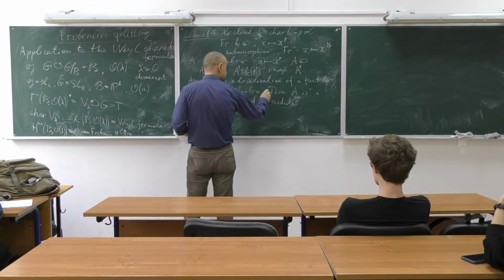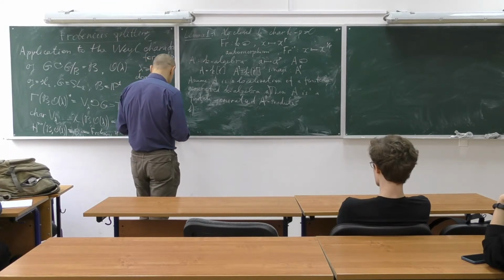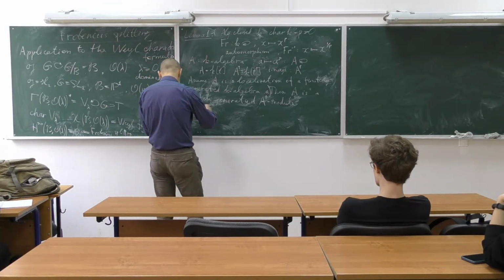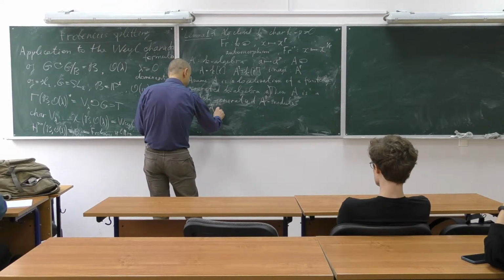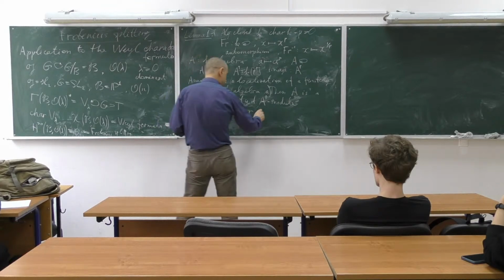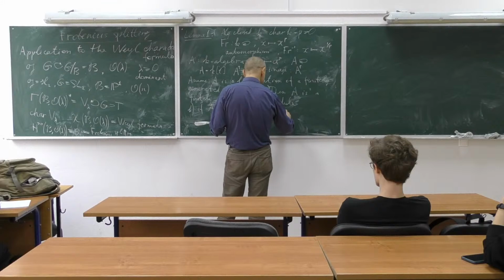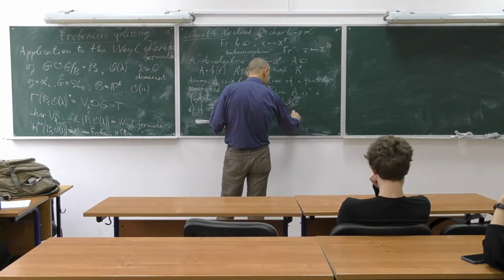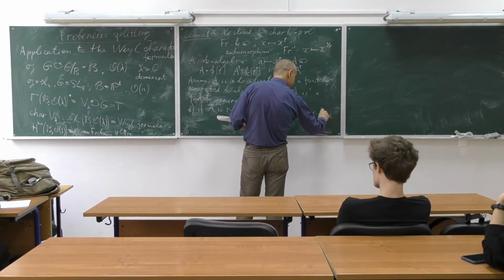We'll say this is the first part. And the second part is that if A is regular, then A is a locally free A^p-module.